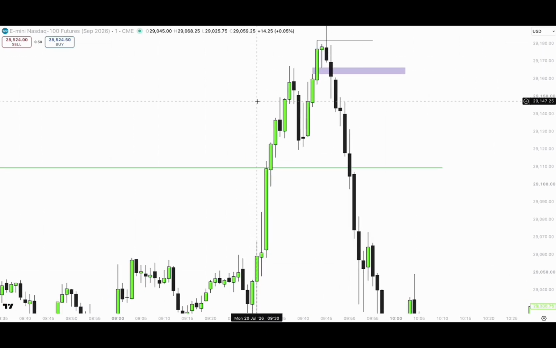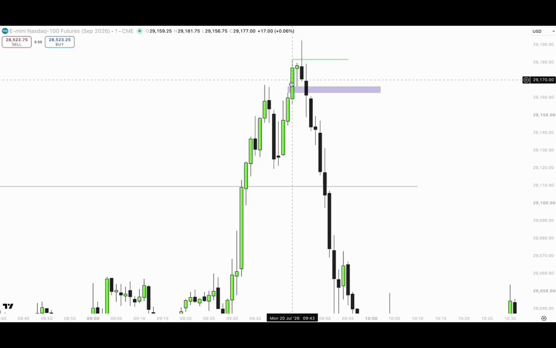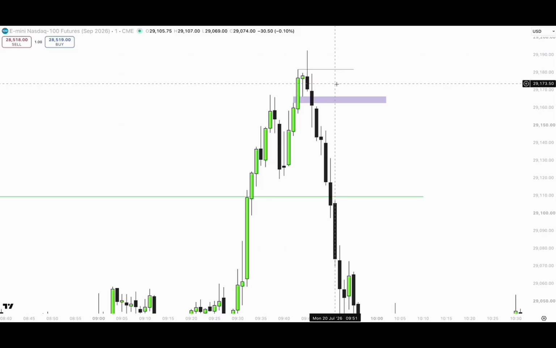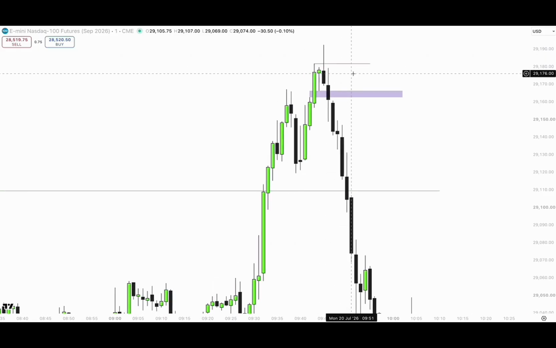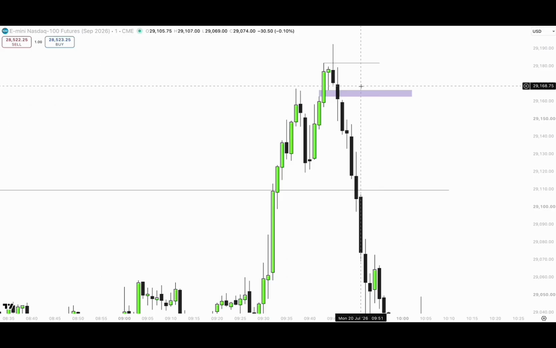First we have 9:30 until 9:44, and then we have basically the first half of the 30-minute cycle completed, and then we open up the second half of the 30-minute cycle. Whatever happens at this specific high of the first half of the 30-minute cycle is where the most beautiful setups occur.